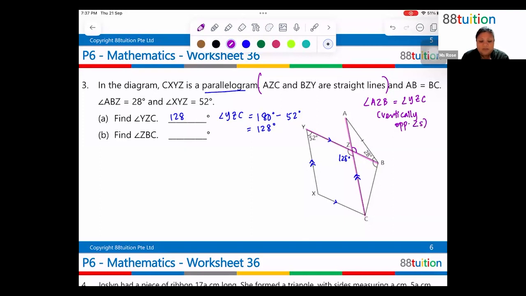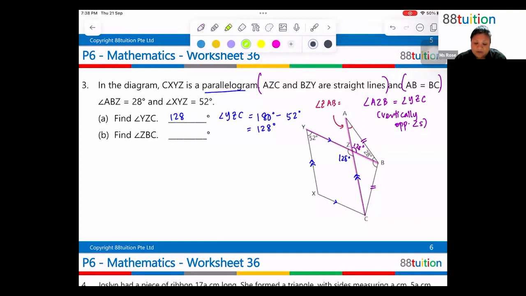Okay, and they also tell you that AB is equals to BC. So that's your isosceles triangle, right? Now, so if this is 128 degrees, with that you can find this angle, which is angle ZAB is equals to, now this is a triangle.